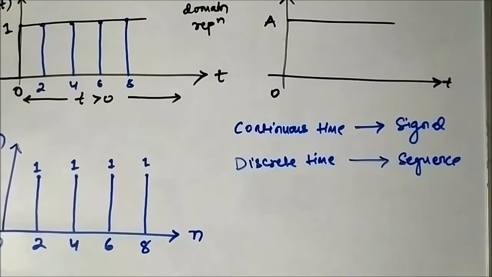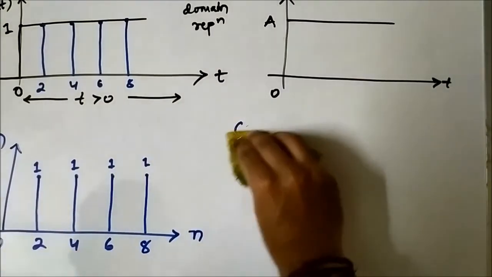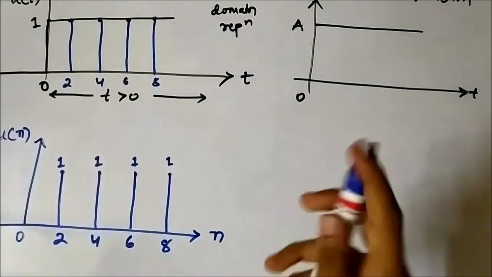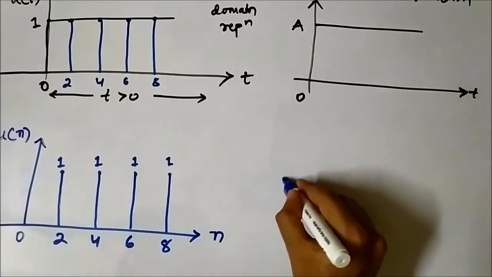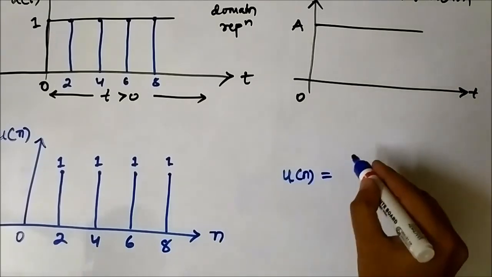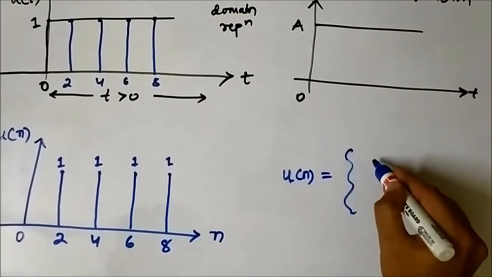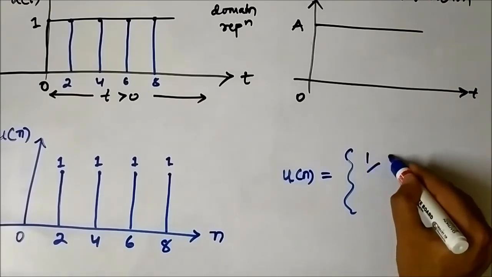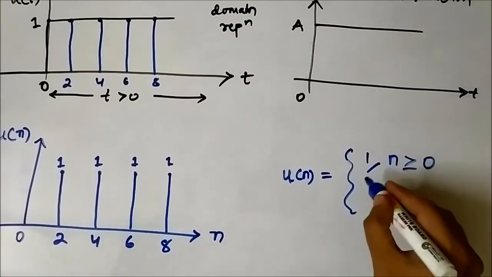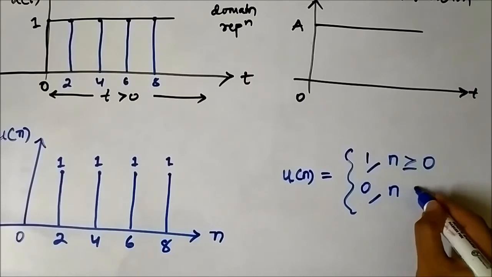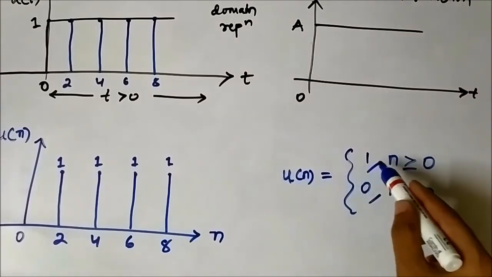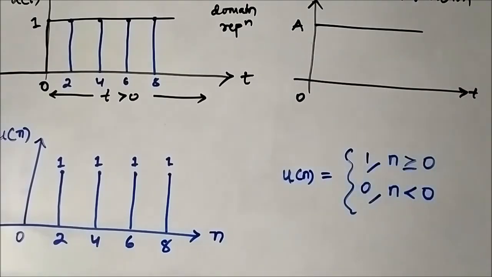Now the discrete time sequence representation of this unit step sequence is given as u(n) equal to 1 for n greater than or equal to 0 and 0 for n lesser than 0. Only t got replaced by n, u(t) got replaced by u(n), everything else is the same.